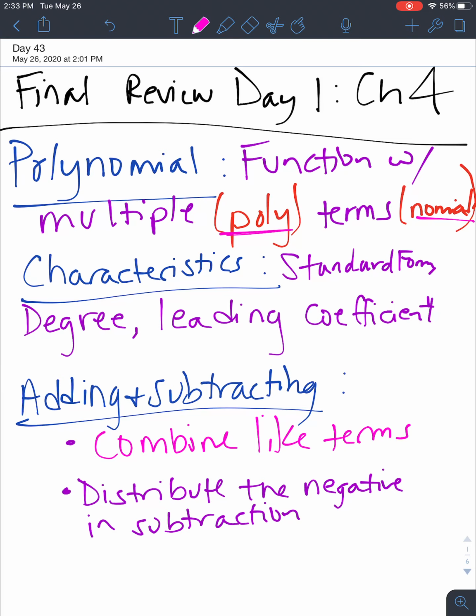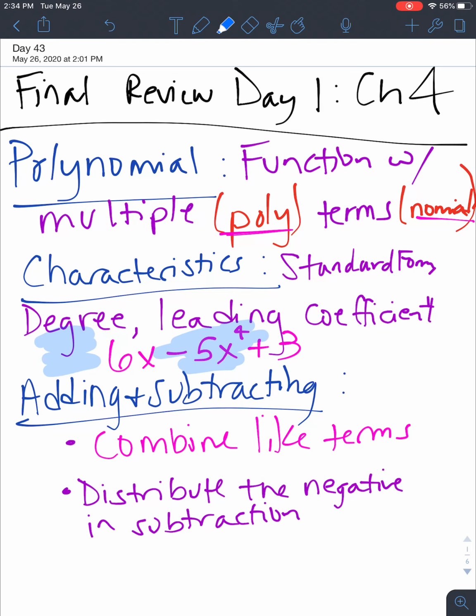There were characteristics that we learned, and the three most prominent ones were standard form, degree, and leading coefficient. So if we have something like 6x minus 5x to the fourth plus 3, standard form tells us that this negative 5x to the fourth term should be up front because it has the biggest power of x.